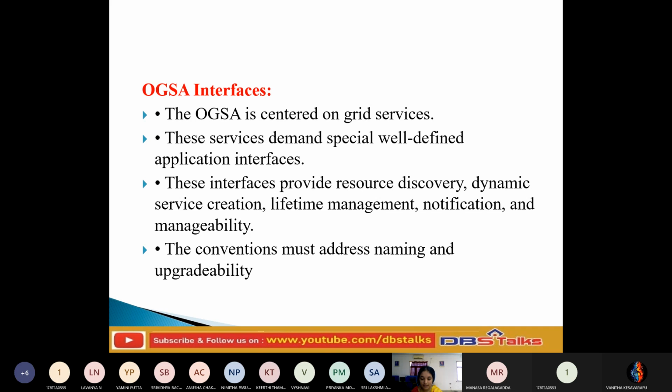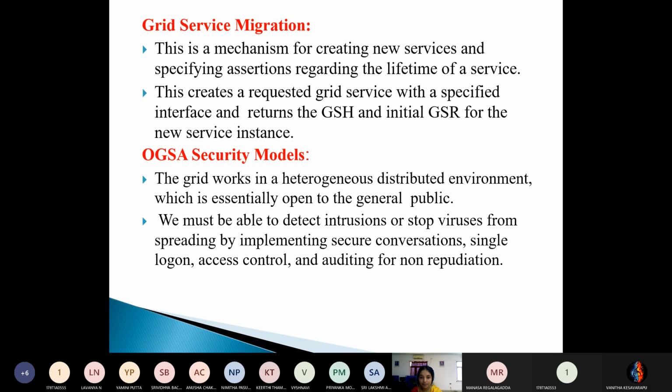Next, coming to the OGSA grid service migration. What is meant by grid service migration? In this mechanism we create new services and specify assertions regarding the lifetime of the service.